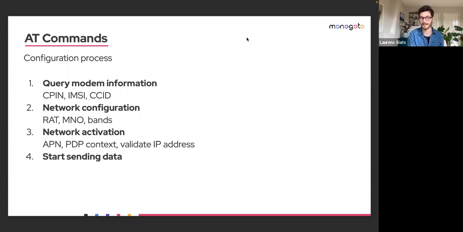It means set the APN and activate the PDP context, which is the packet data protocol that we will cover in a minute. You can also validate the IP address to check if the modem establishes a proper connection with the network. And then the final step is actually start sending data.